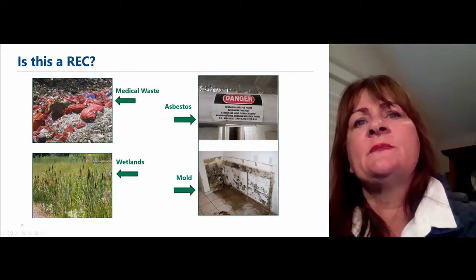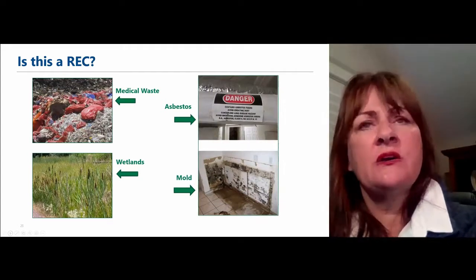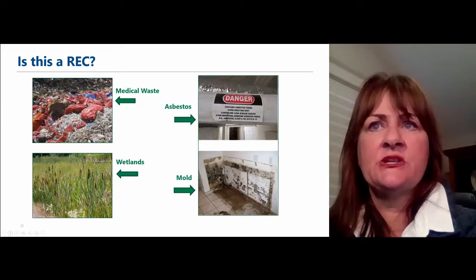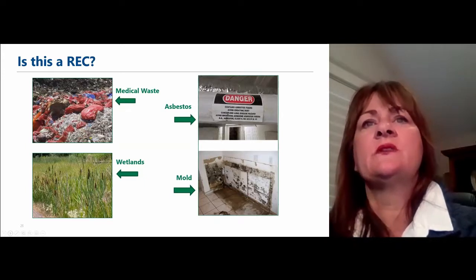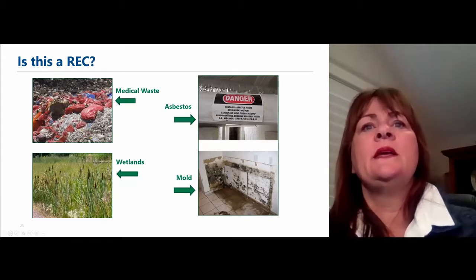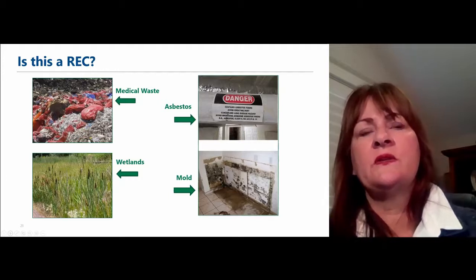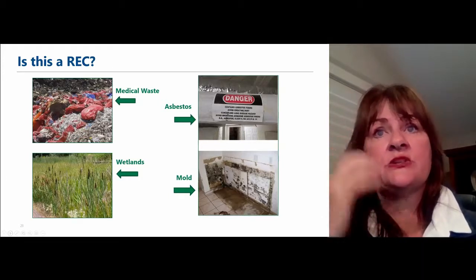Medical waste, asbestos, wetlands, mold, and those kinds of issues are not generally called out as recognized environmental conditions in a Phase 1 environmental site assessment report, simply because they're not part of the ASTM standard. It doesn't make them any less of a concern to a property owner, or in this case, the BIA, when you're looking at putting your property into trust.